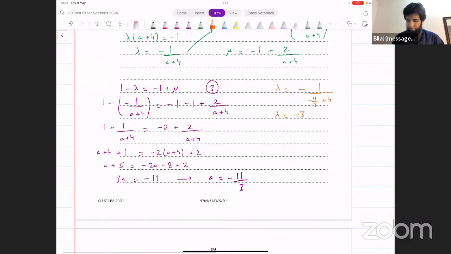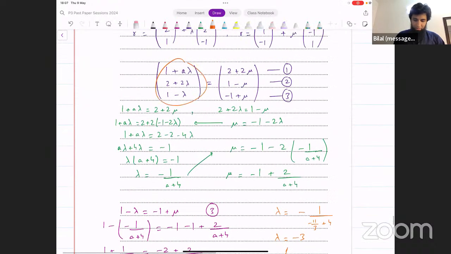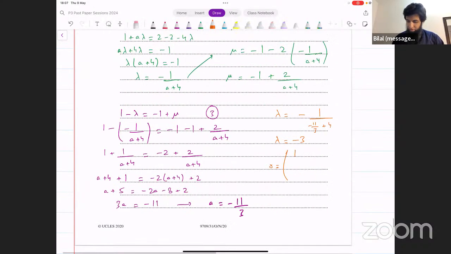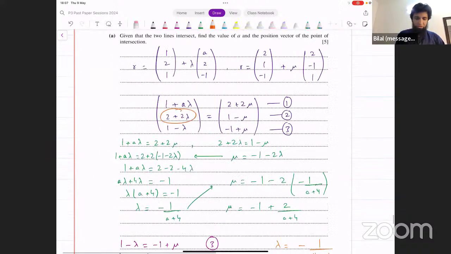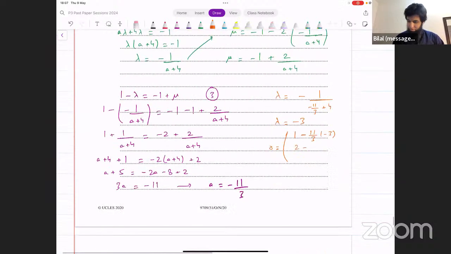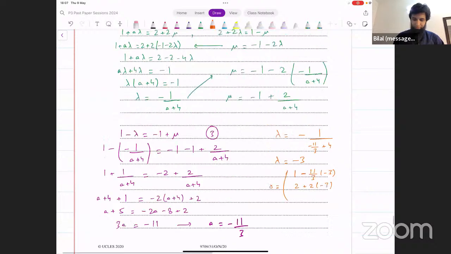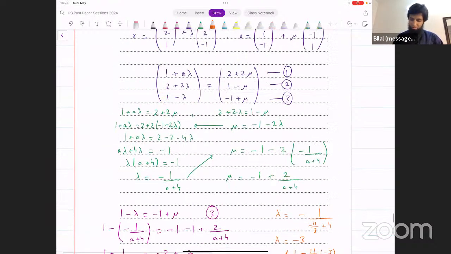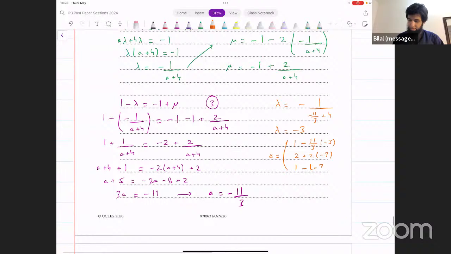If I put this in the first one, that gives me r equals 1 plus a lambda, 1 plus a, which is -11 over 3 into lambda, 2 plus 2 lambda, 2 plus 2 into -3, and then 1 minus lambda, that's 1 minus -3.